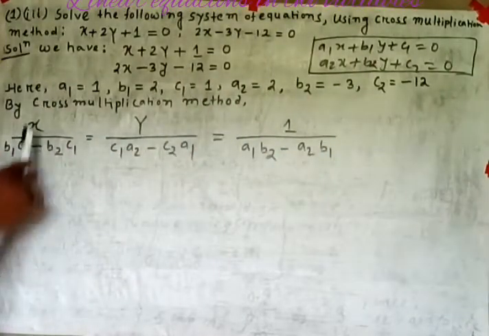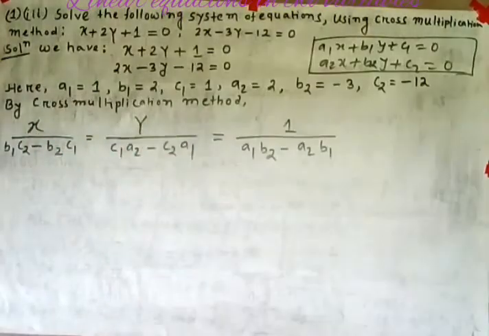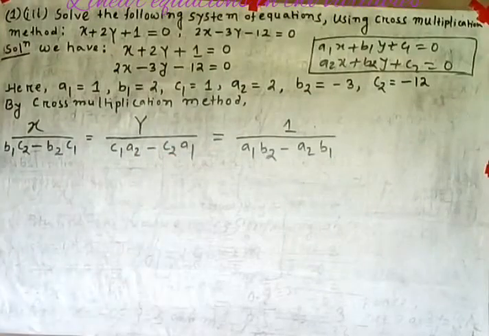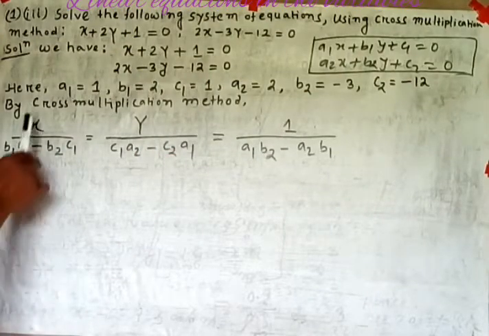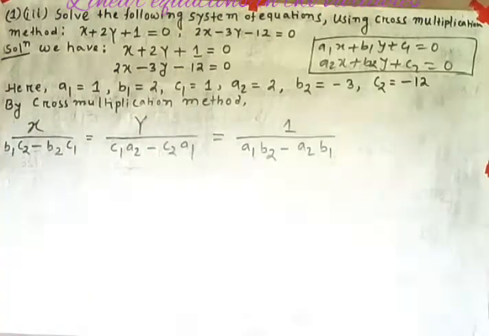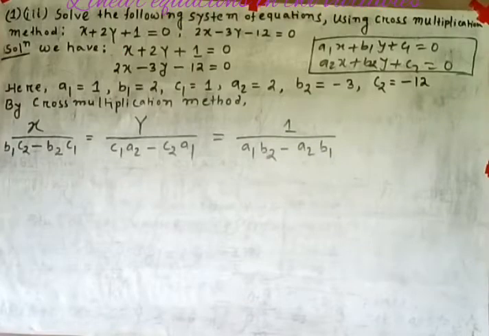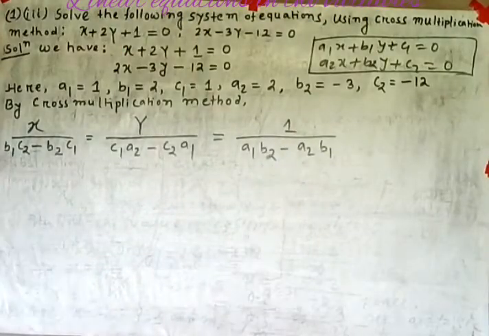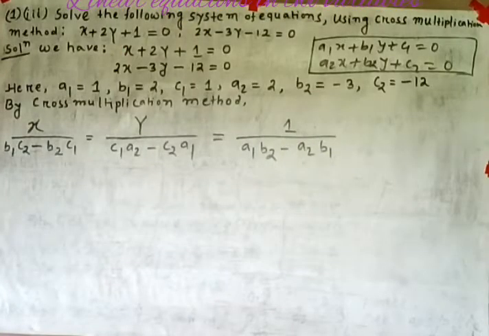Like that we got the values a1 b1 c1 and a2 b2 c2. Then by the cross multiplication method we write the formula as last time: x divided by b1 c2 minus b2 c1, y divided by c1 a2 minus c2 a1, and 1 divided by a1 b2 minus a2 b1.